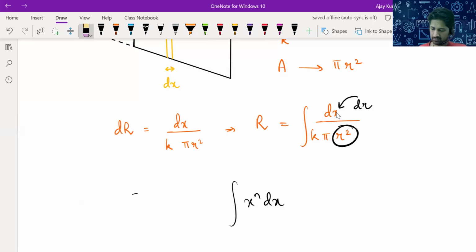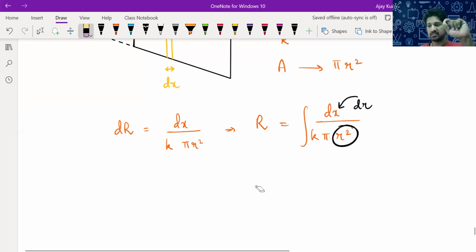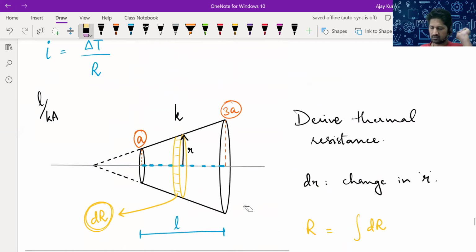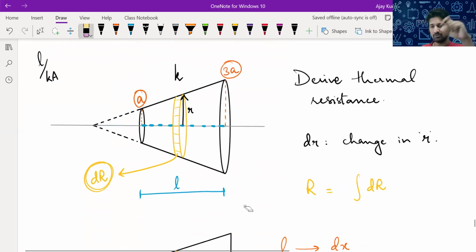That is the trouble here in this problem. So how to overcome this problem? You will have to express thickness and the radius in terms of the same variable. And here you'll have to involve more mathematics. You'll have to write both of them in terms of one variable.